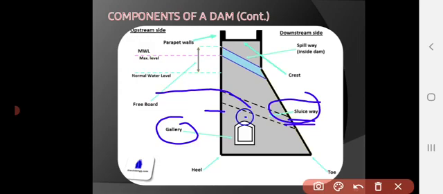It is an opening within the dam along the length of the dam for different purposes, like seepage control, maintenance, electrification, etc. Openings are provided. The sluiceway is the opening along the width.